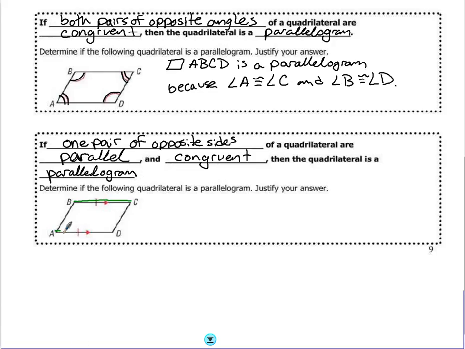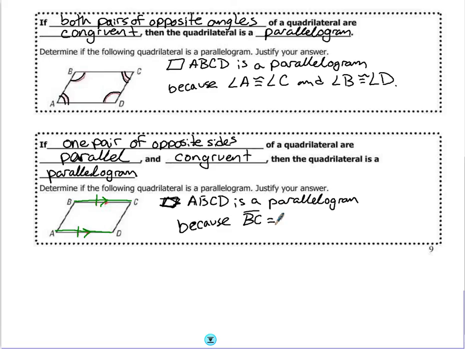And because BC is congruent to AD and BC is parallel to AD, in that same side, I can say then quadrilateral ABCD is a parallelogram, because BC is congruent to AD and BC is parallel to AD. It's a bad quadrilateral symbol there.